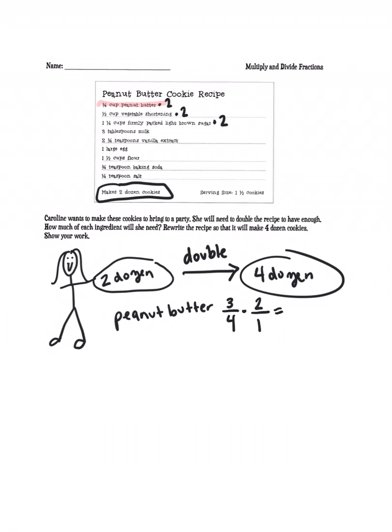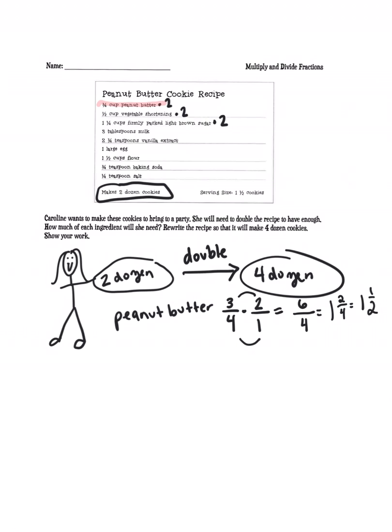Then I can just multiply straight across my numerators. 3 times 2 is 6, and straight across my denominators, 4 times 1 is 4. Now when I look at 6/4, I can see that this is an improper fraction, so I need to change it to a mixed number. 6/4 is the same as 1 2/4, which is the same as 1.5.